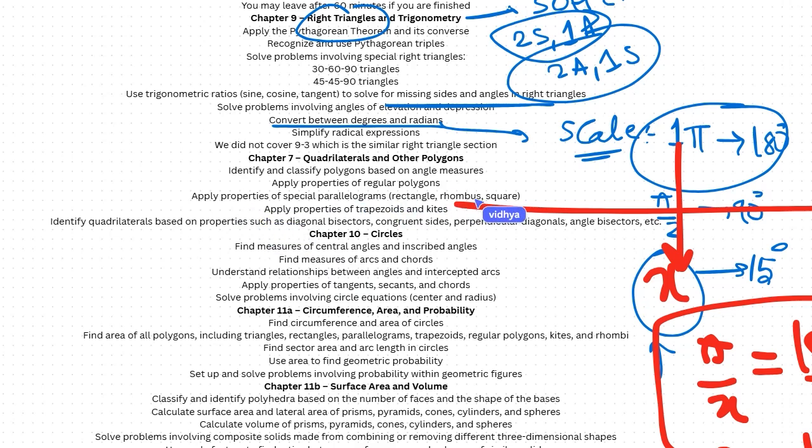Did not cover 9 minus 3. Similar right triangle section. You see this? There was a topic which I taught you in the holidays. I said this was missing, right? In your syllabus. So, it said we did not cover. Yeah, it is actually part of the syllabus, but your school, this semester, they kind of bunked it.